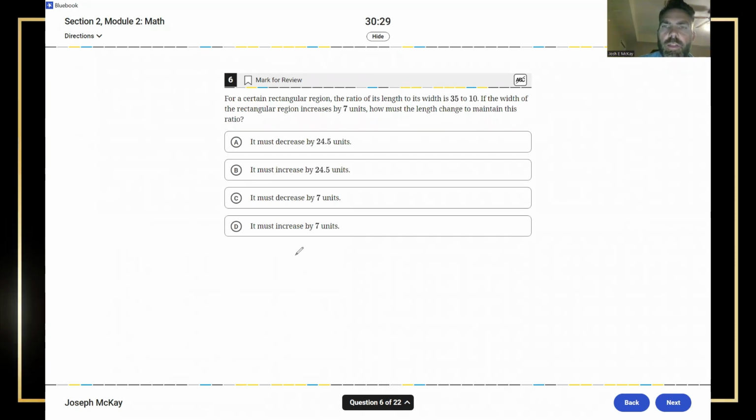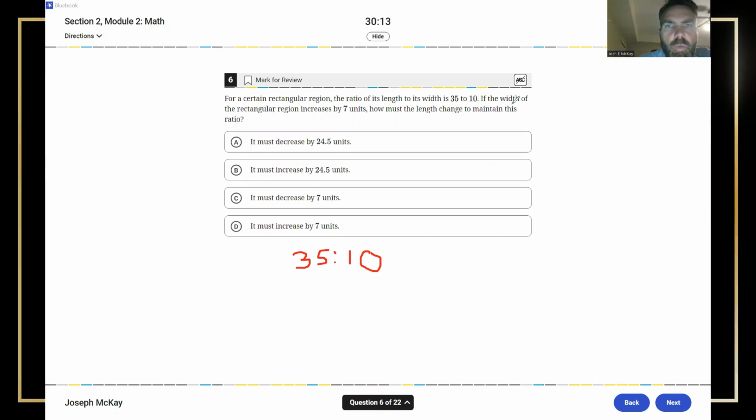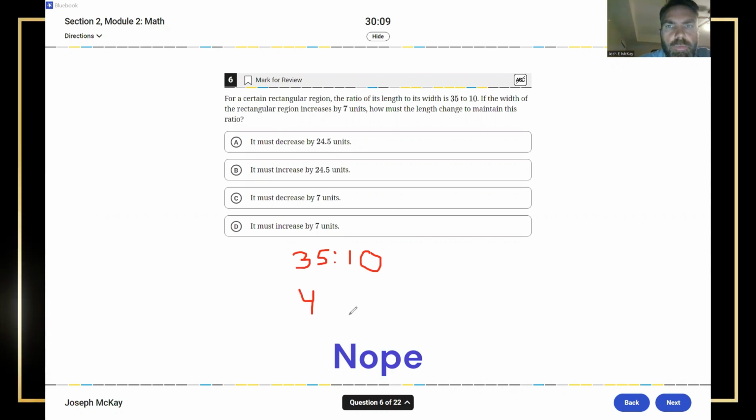So I've got a ratio 35 to 10. If I'm increasing the width by 7, it's going to 42.